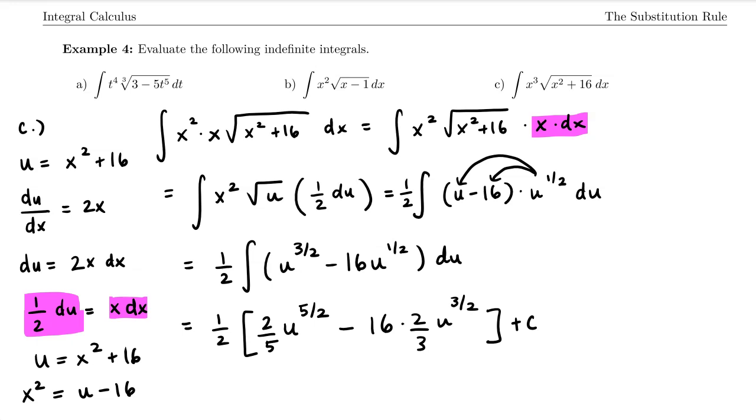So from here, I can distribute in the 1/2 inside of my brackets. So that's going to be 1/5. And then I can also replace my u and substitute back in x squared plus 16.